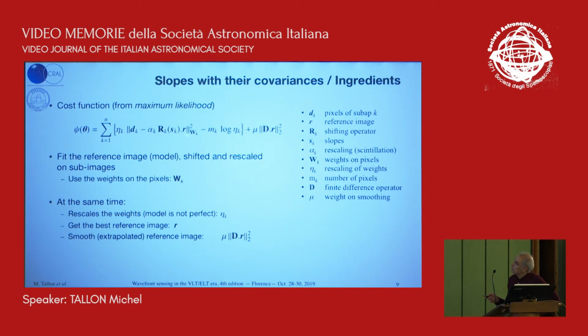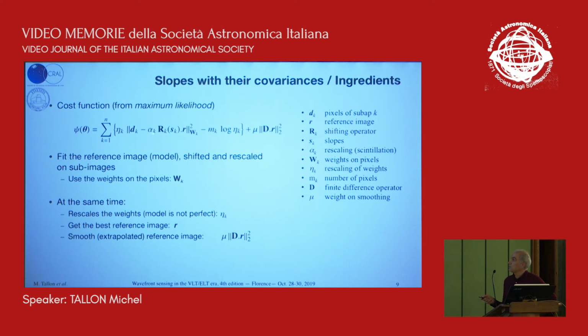We have somewhere a reference image we don't know. It's the actual granulation we observe. This reference image is shifted by an amount we are looking for. This is written this way because this shift is nonlinear with respect to the shift we are looking for.